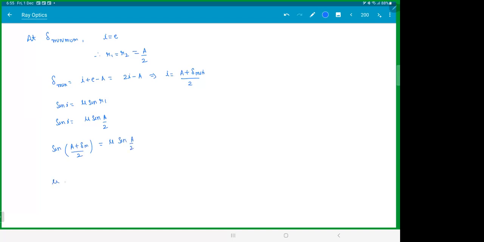So this is actually an experiment to find the refractive index of the prism. Mu of the prism will be sine of A plus delta m by 2, divided by sine A by 2. If there's a medium outside, then mu medium also will be there. This is a very important formula.